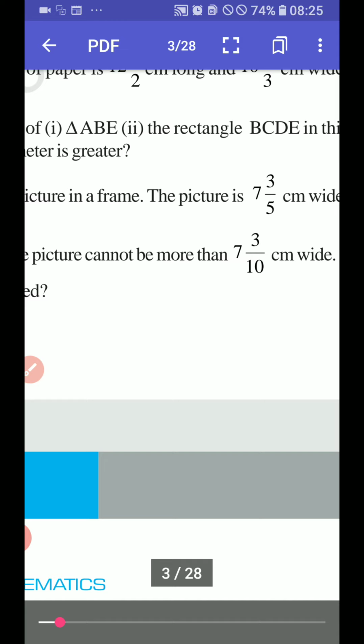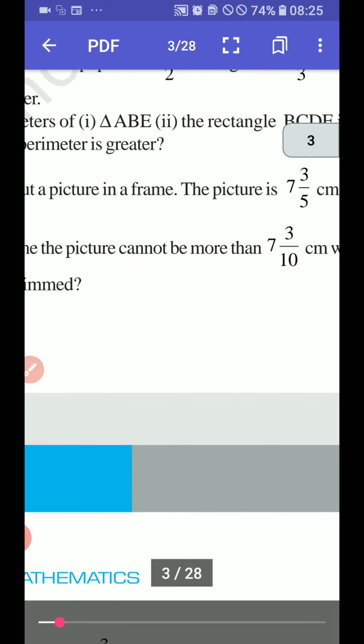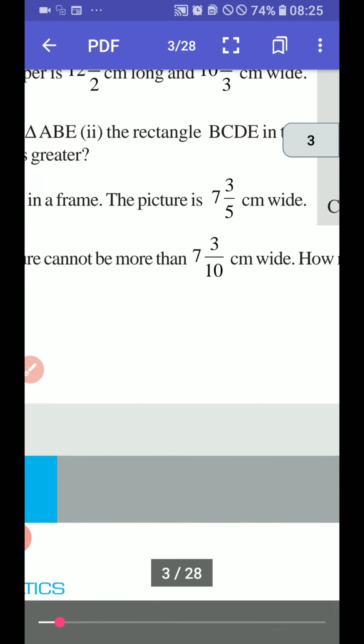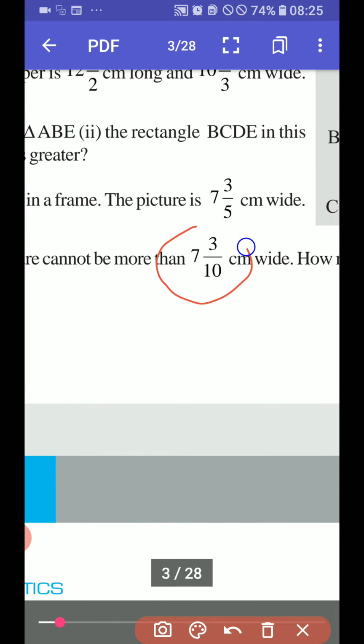Means, you will subtract 7 whole 3 by 10 from 7 whole 3 by 5, because this is the length of the frame, and this is the length of the picture, right? So let us see the trimmed part.